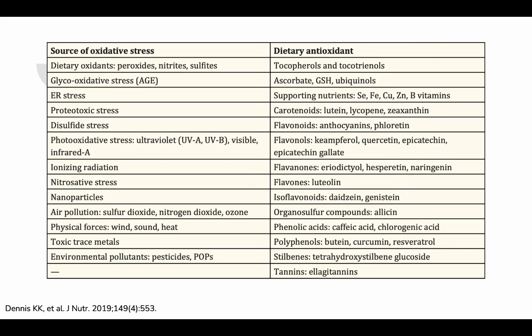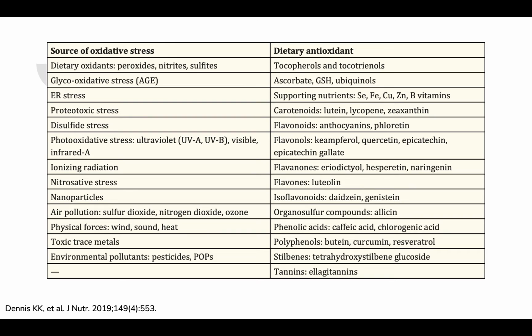There's endoplasmic reticulum stress. The endoplasmic reticulum does a lot of work inside of our cells. Our proteins do a lot of work, so there can be stress applied to those proteins. We can have disulfide stress. Disulfide bonds are a way of regulating different metabolic processes, and if that shift between singular sulfides and disulfides occurs, we can have some problems.